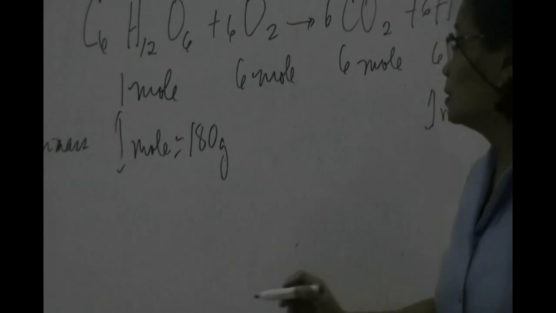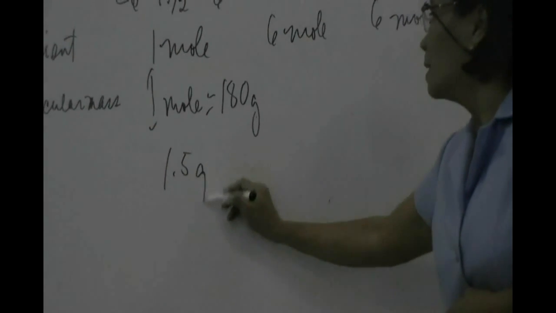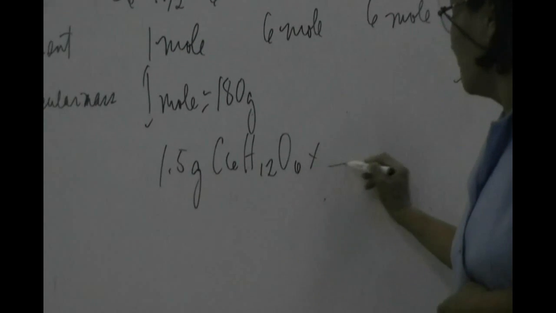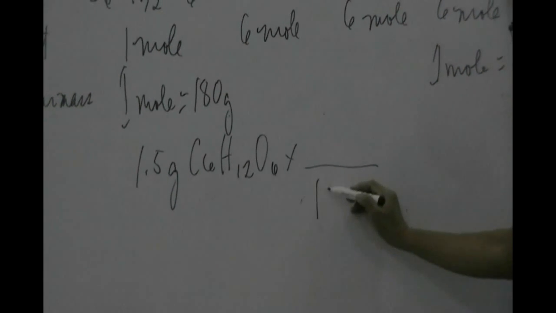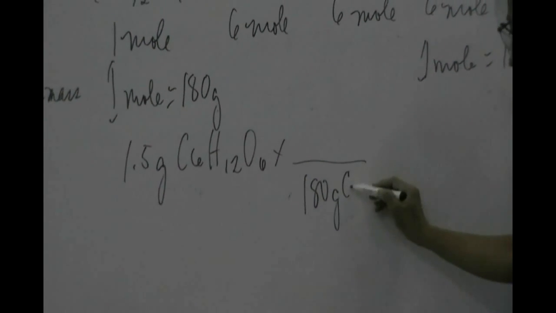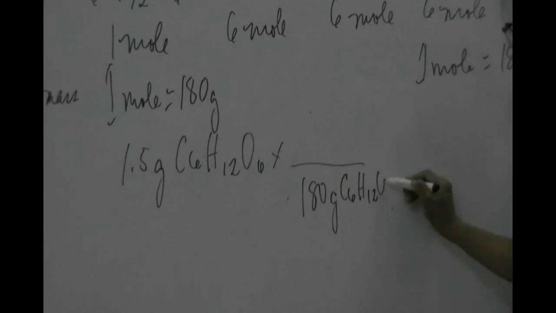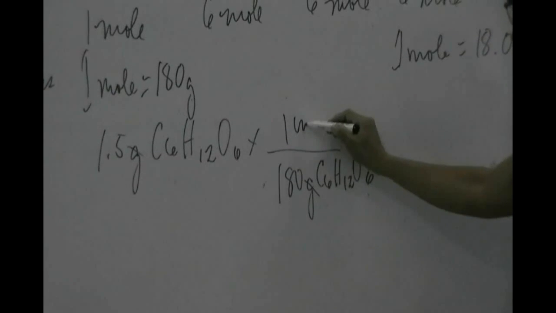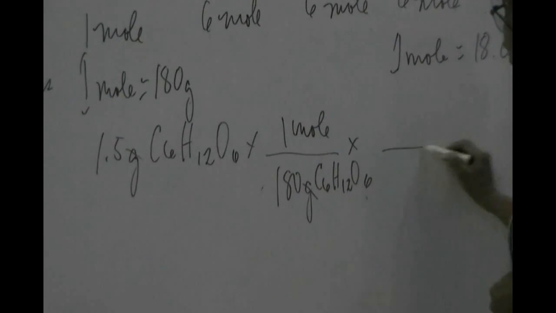For our solution, 1.5 grams of glucose, C6H12O6. Considering 180 grams of glucose, C6H12O6, to be able to cancel the grams, that's per mole of glucose.